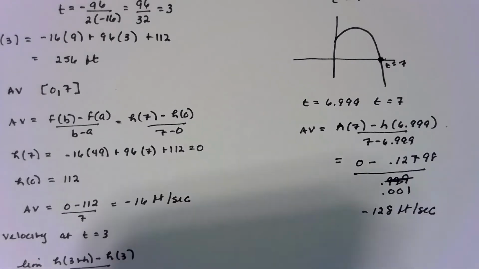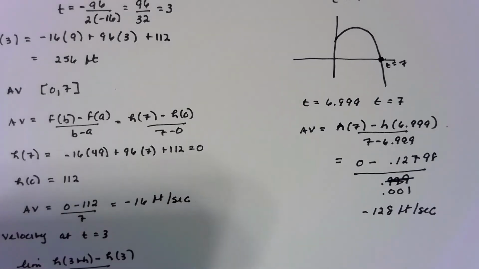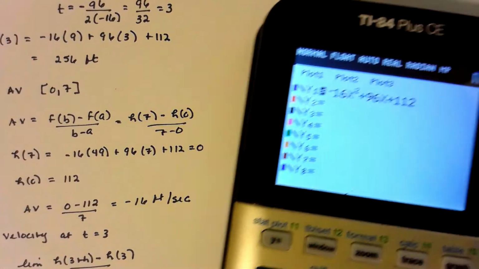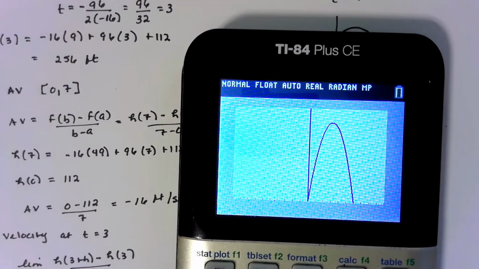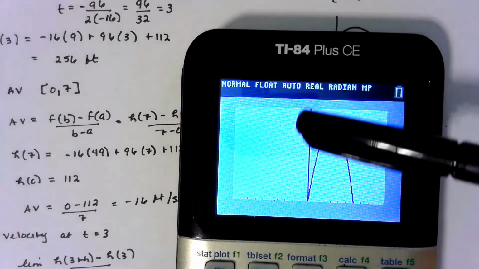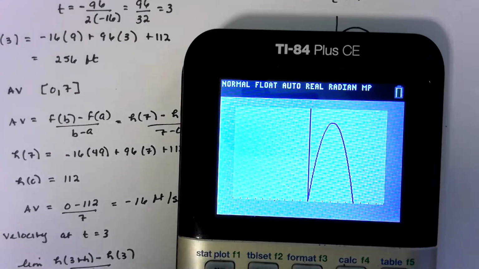Now, using the calculator, let me put this thing in here really quick. Okay, so I put the function in the calculator, and I'm going to hit the graph key. There it is. Now, this is an axis, I think.